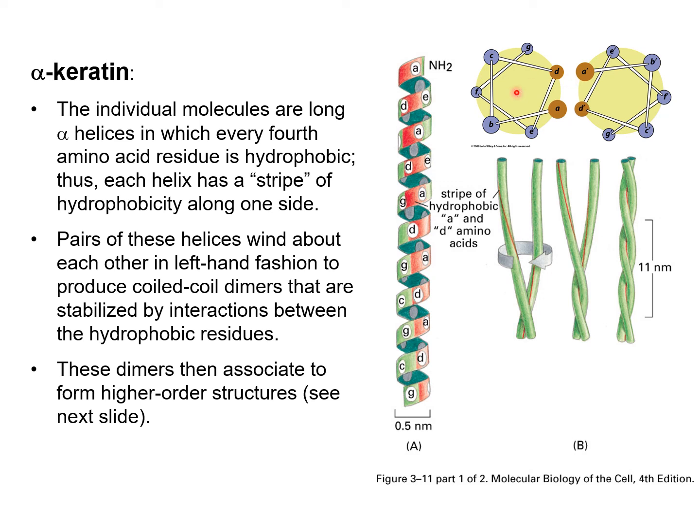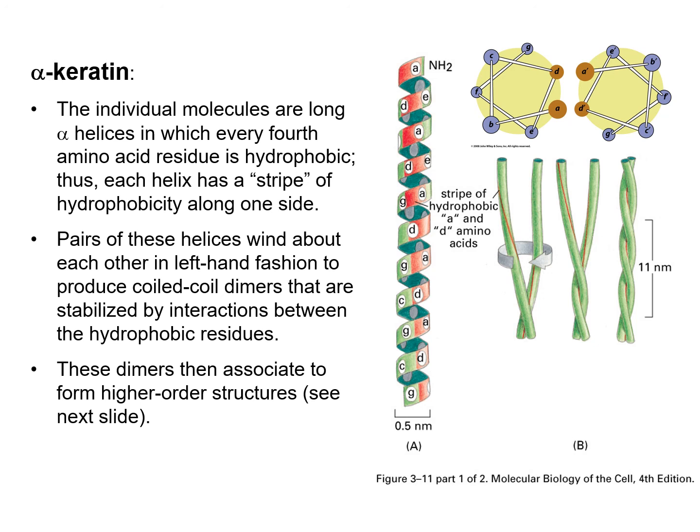And using the hydrophobicity, pairs of these helices wind about each other in a left-handed fashion here. So unlike just a single subunit, which is right-handed, this dimer forms a left-handed helix now. So this is basically a coiled coil structure within this dimerization.